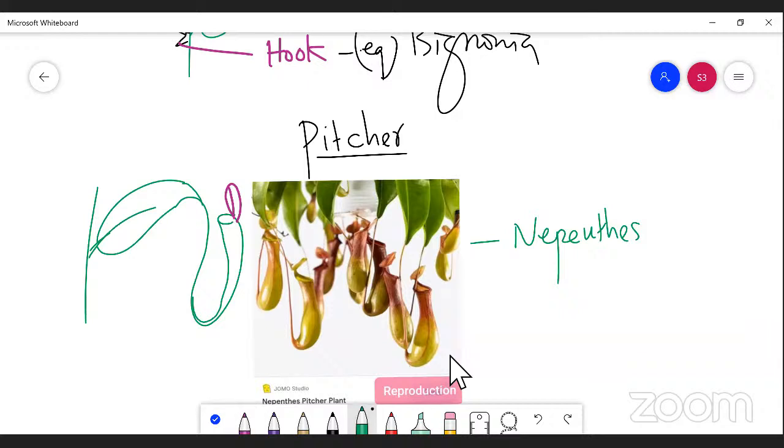I have drawn the picture of leaf modification. Nepenthes, and also Sarracenia, one more plant. So these are all the plants in which the leaf is modified into a bag-like structure, right?